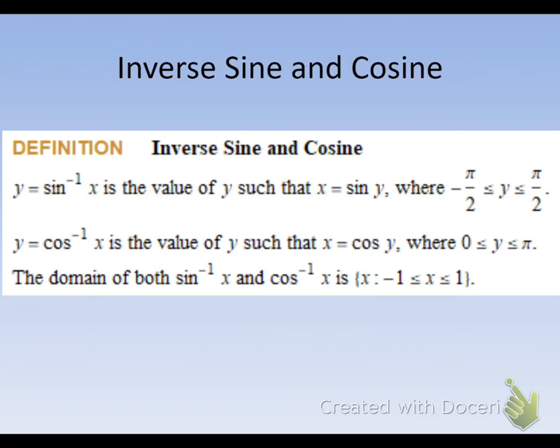Inverse sine and cosine. So y equals sine inverse of x is the value of y such that x equals sine of y, where y is between negative pi over 2 and pi over 2. And then we have cosine, y equals cosine inverse of x is the value of y such that x equals cosine y, where y is between 0 and pi.